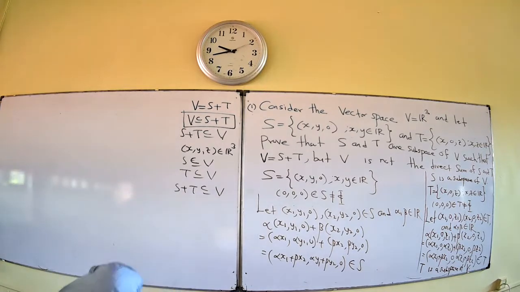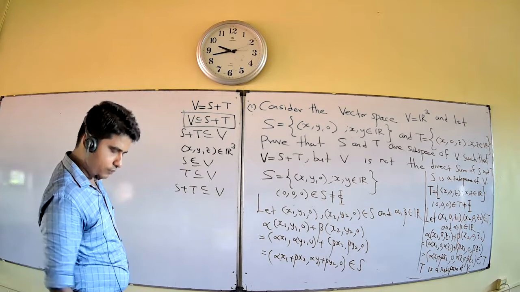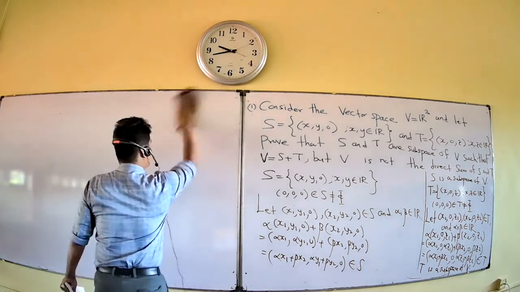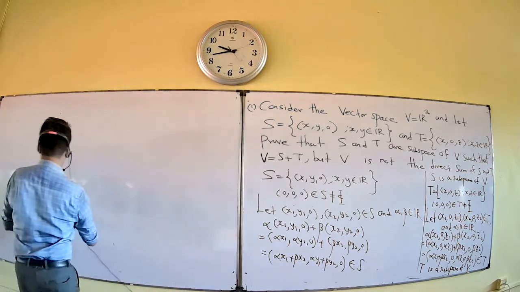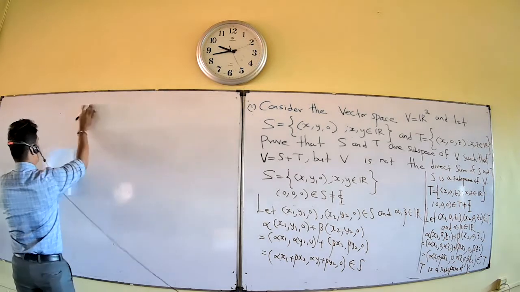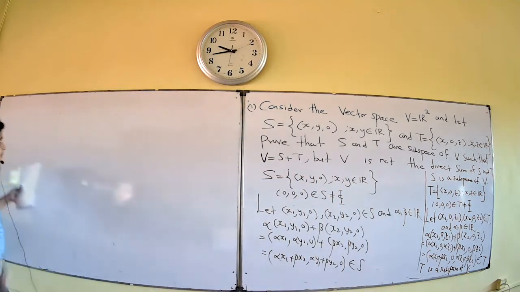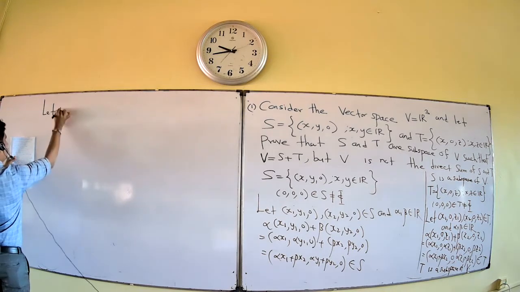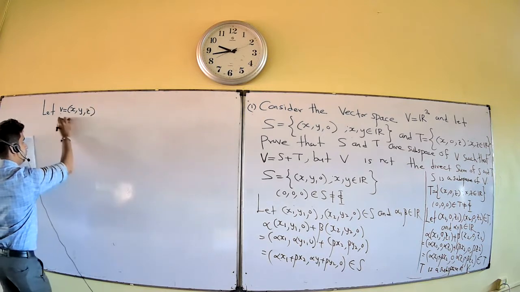You remain to prove the other part. So you take an arbitrary element from the set B. Let (x, y, z) be one of the elements of B, that is R cube.